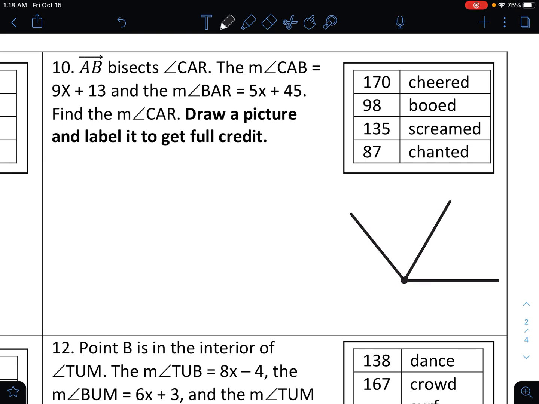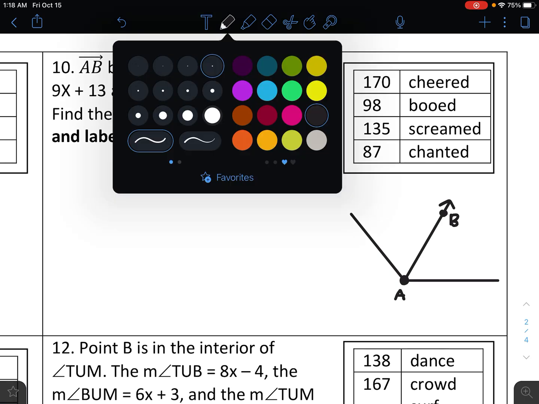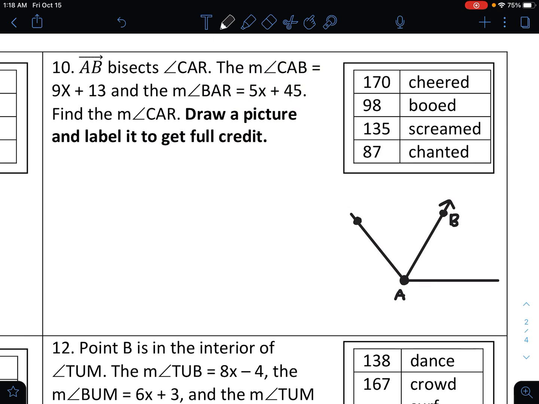All right, so it says AB. So A, B. And yes, it has to go in that order because it says AB with the arrow pointing from the A to the B. Okay, and then CAR. All right, and there we go.